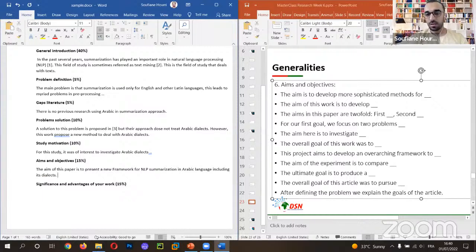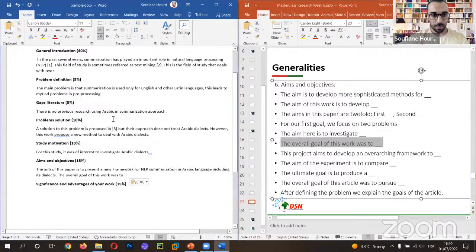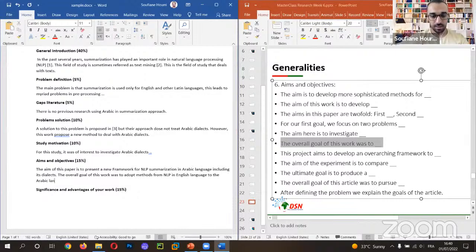We can use another one: the overall goal of this work was to adopt methods from NLP in the English language to the Arabic language or something like that. I'm just imagining what I'm writing.